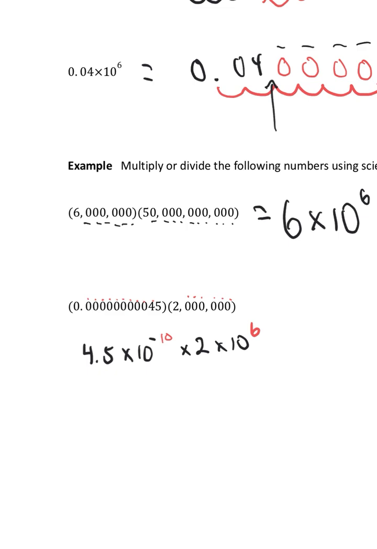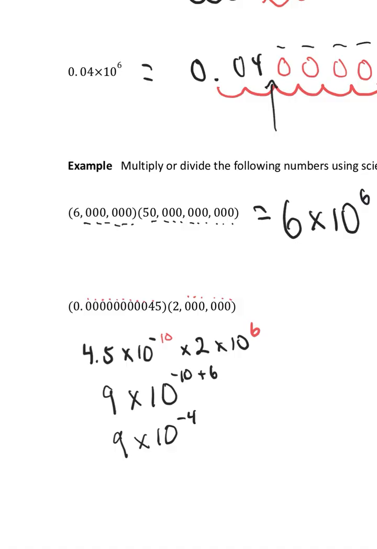So in this case, you got 4.5 times 2, which actually is 9. And then times 10 to the, well, we would add the exponents. So negative 10 plus 6. So 9 times 10 to the negative 4.